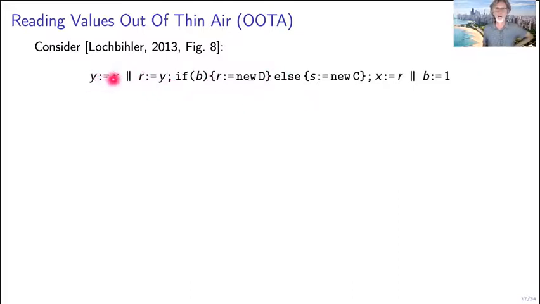So I type Y, X, R, Y, R, X, R. All of those are of type D. Note that there's this other register over here, S, assigned to a new C, but this is in a branch, presumably not executed, or that doesn't matter. But under the Java memory model, it turns out that this program has a legal execution where X is actually assigned a C object.